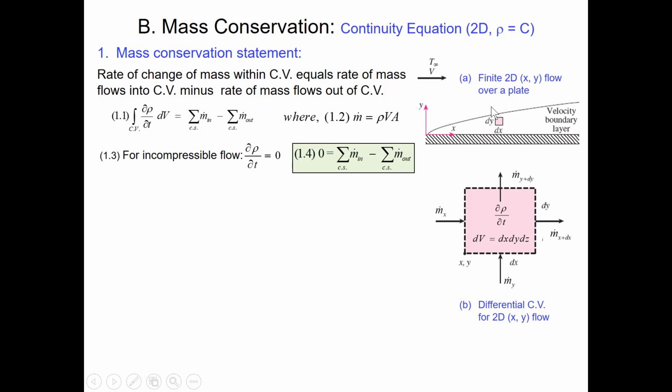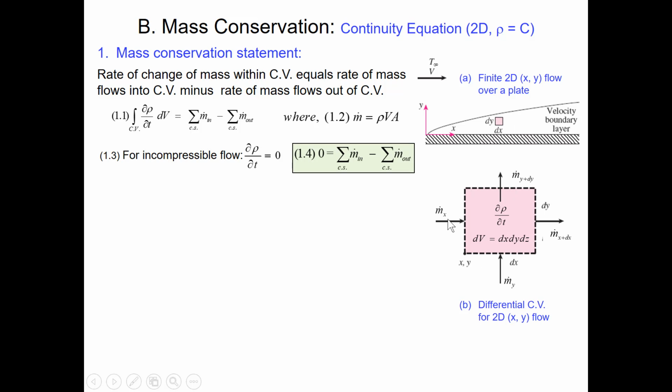First, we have our finite two-dimensional flow in x and y direction over a plate, and a differential control volume dx dy taken from this finite two-dimensional flow.